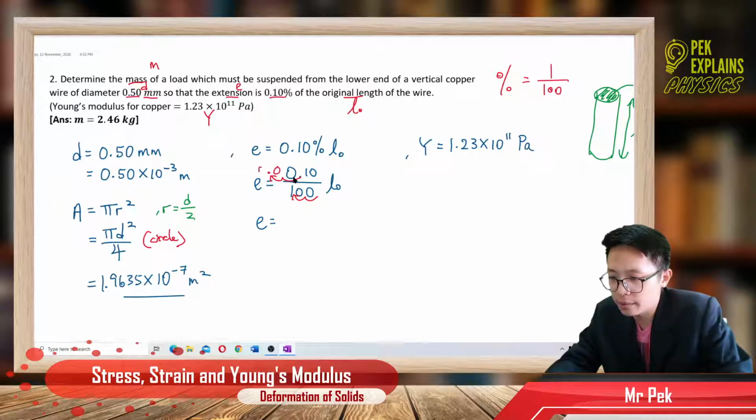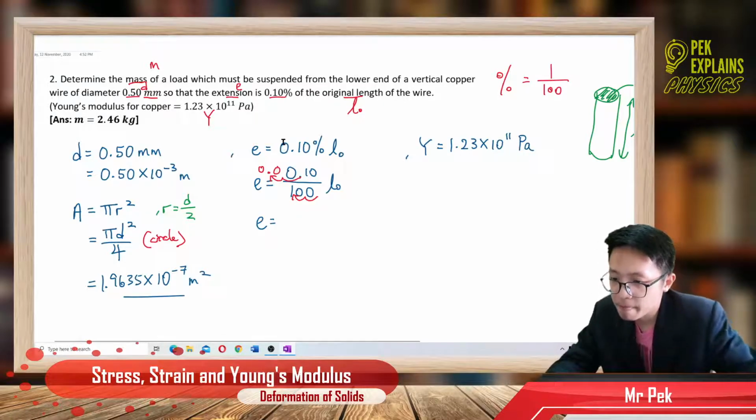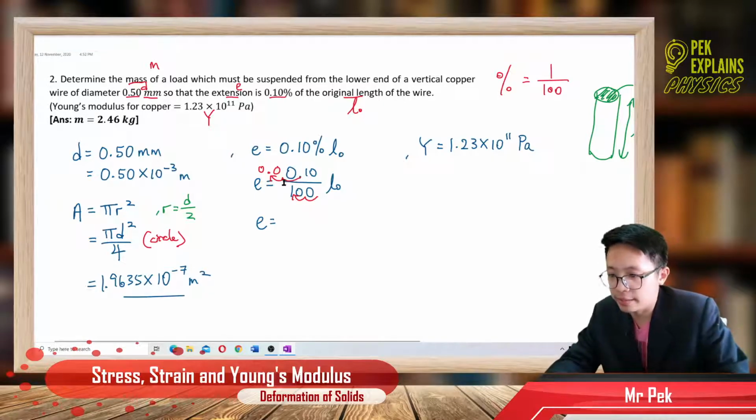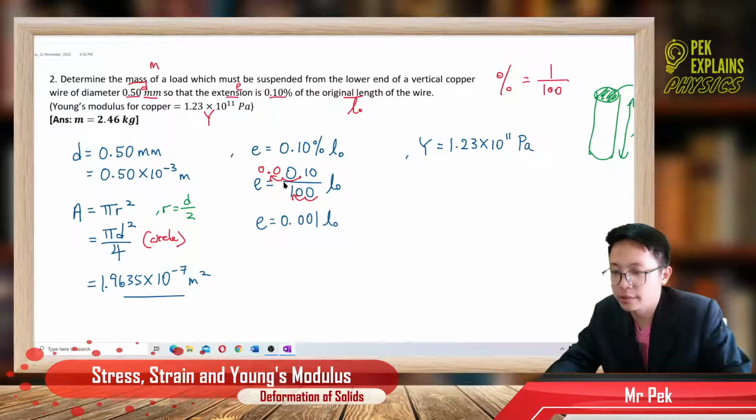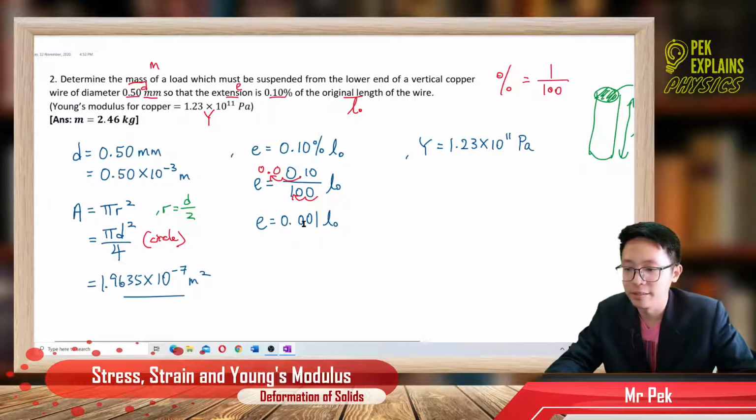So the point moves here. Understand that? That means it becomes 0.001 L0. Okay. Go by 2 zeros here also. So it's 0.001 L0. Okay, that's the fraction.